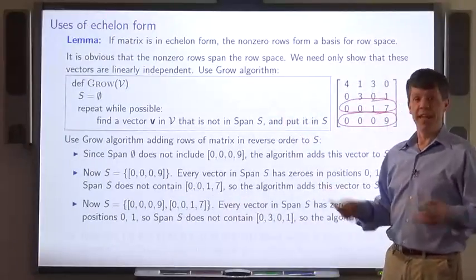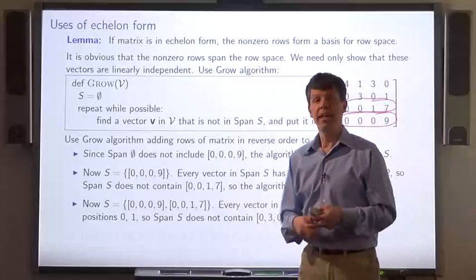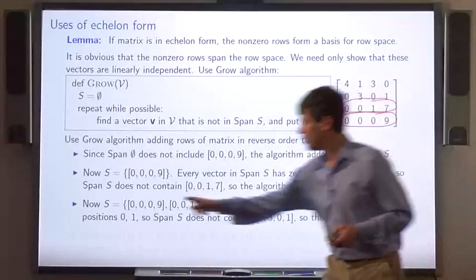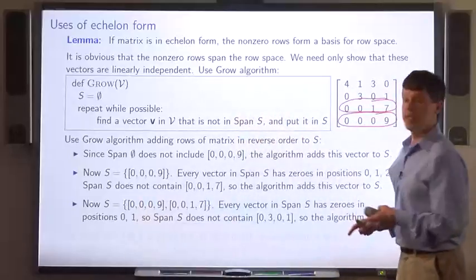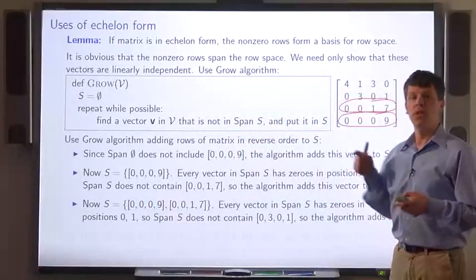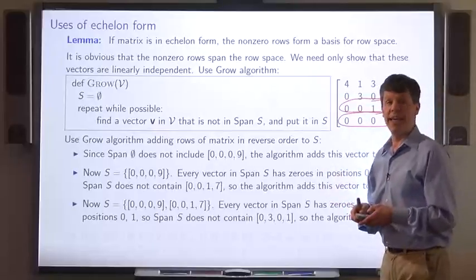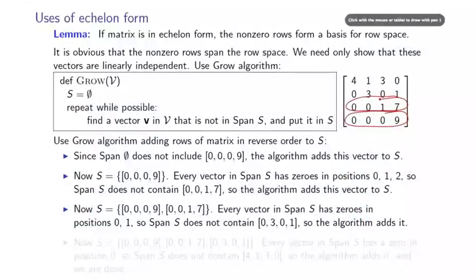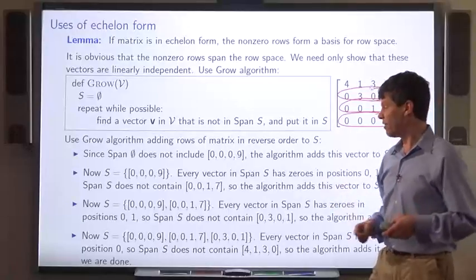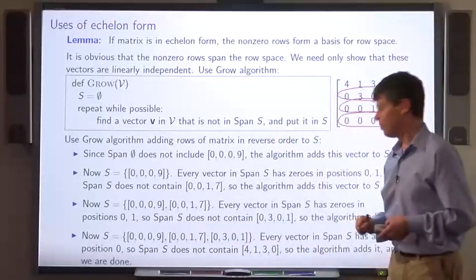Now, still, every vector in the span of S has a 0 in positions 0 and 1. So the span of S so far does not include this vector. So the GROW algorithm goes ahead and adds that. Now S consists of these three vectors.